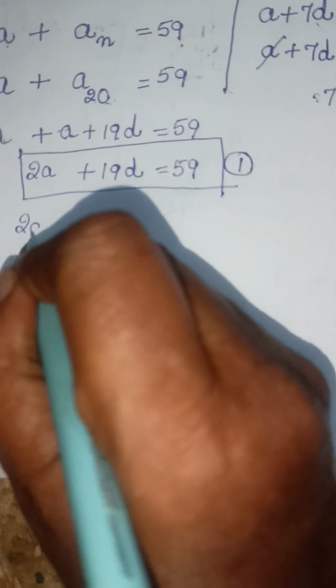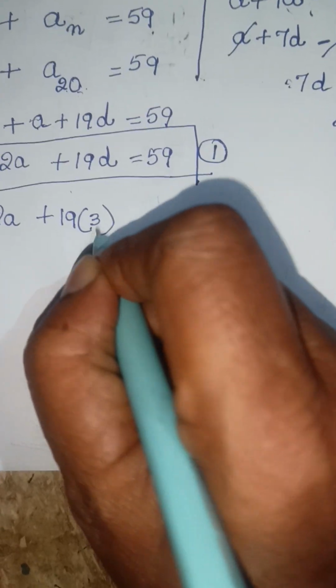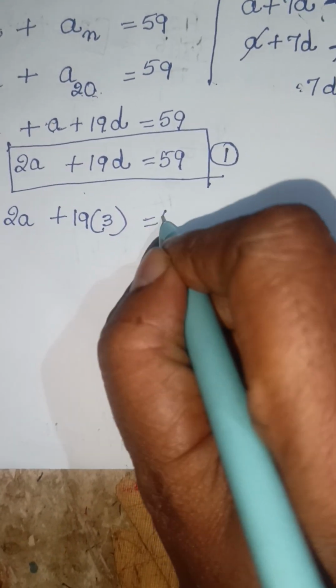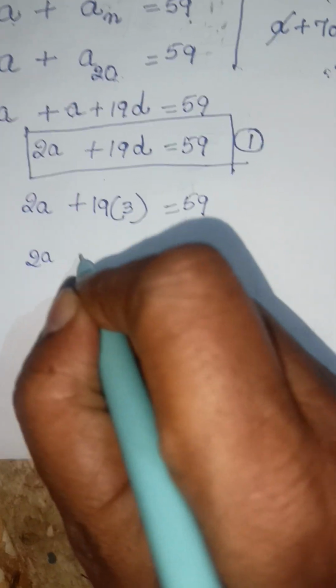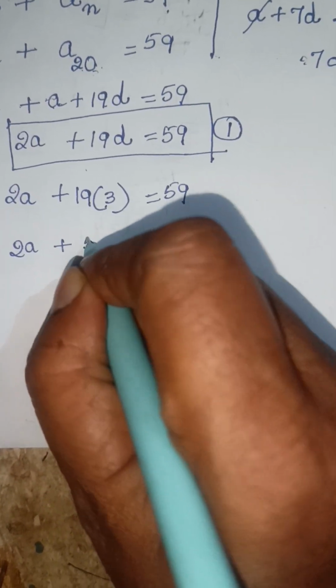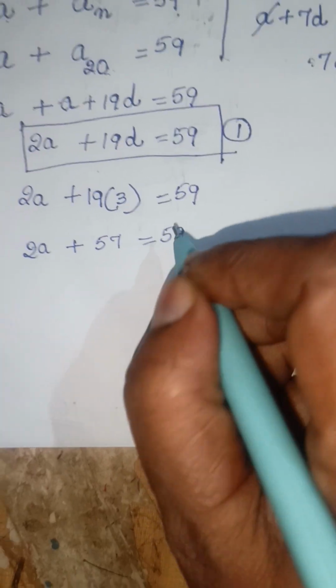So it will be 2A plus 19 into 3, value of D is 3, equals 59. So 2A plus 19 3s are 57 is equal to 59.